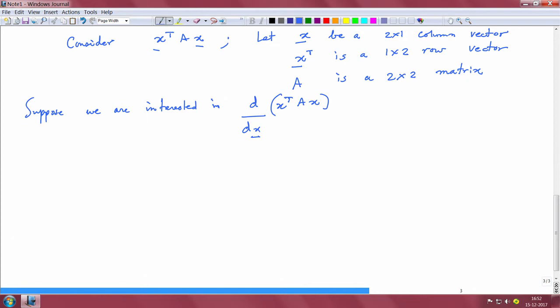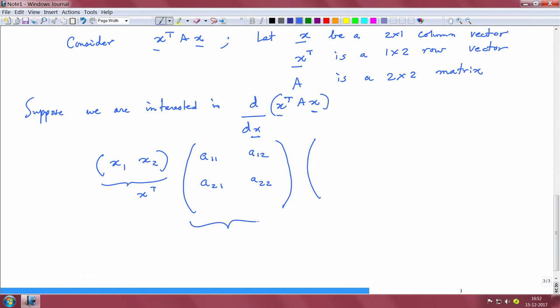Okay, let us work out the math, just as routine computations to get an intuitive feel how this works, right. I have x1 x2, this is my x transpose, right. Now my A is A11, A12, A21, A22, right. This is my A, and my x is basically x1 x2.